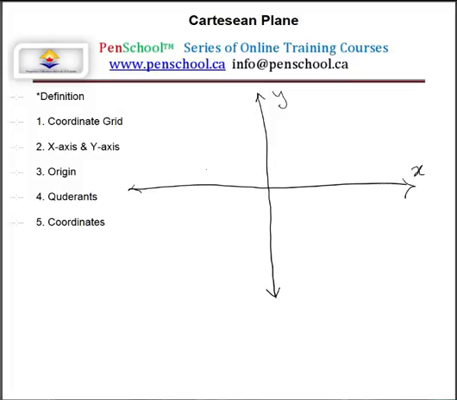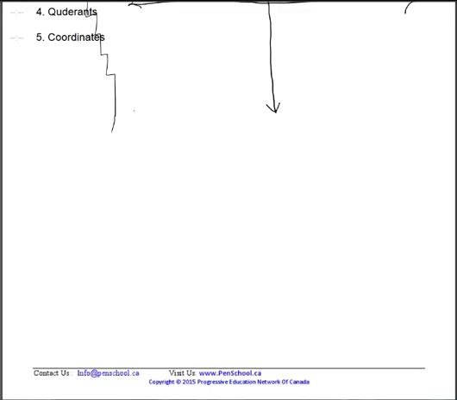Now, the coordinate grid, the first topic that we're going to talk about, means a combination of the x and y axes. Now, what is the x-axis? This is the horizontal one. What is the y-axis? It is the second one.